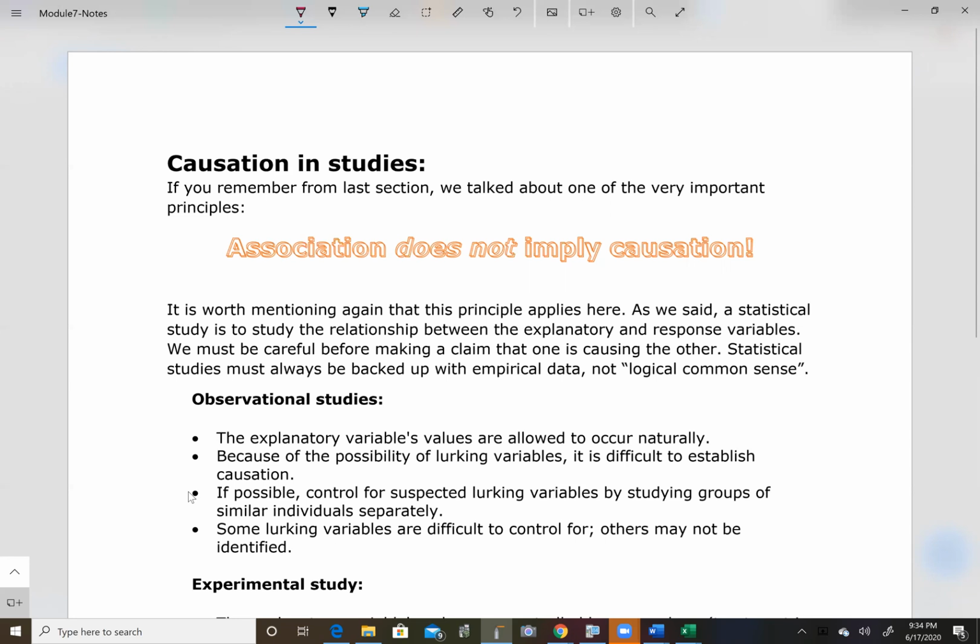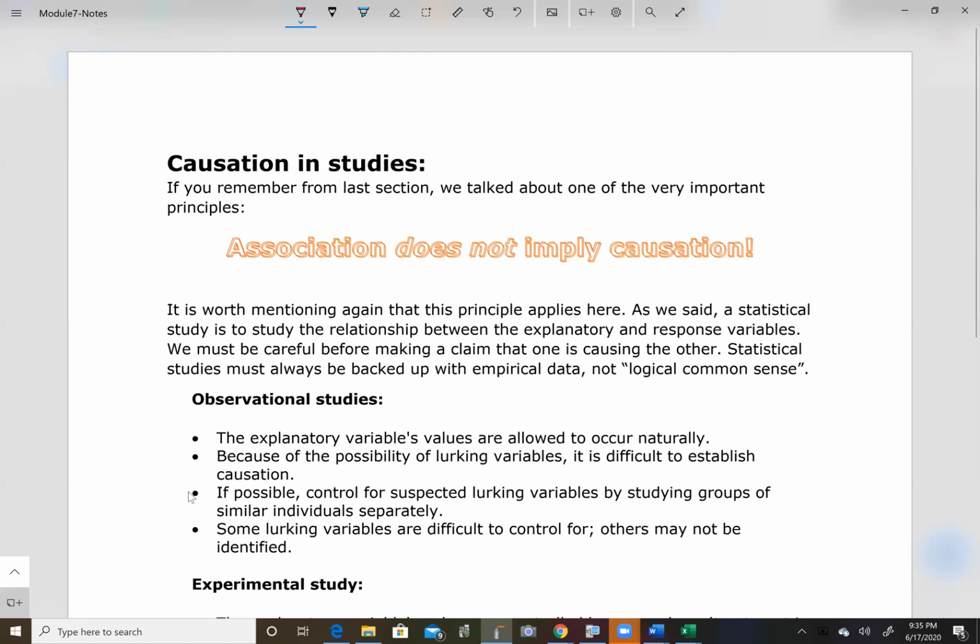What they realized eventually is that the people they were getting data from, many, in fact most, of the coffee drinkers were also smokers. Okay, so that's a lurking variable, right? All of these people were smokers, and that's what was actually causing a lot of the problem.